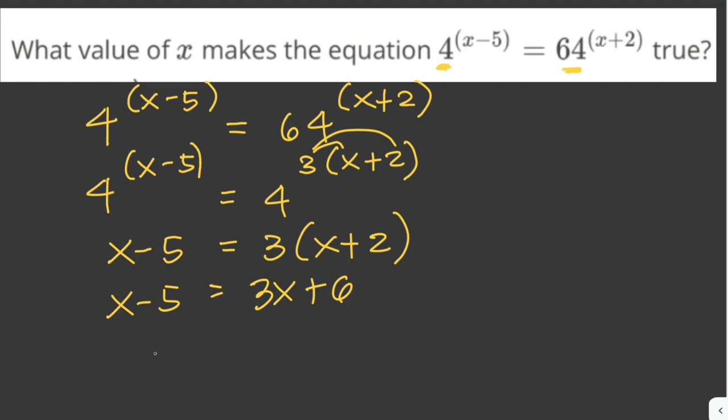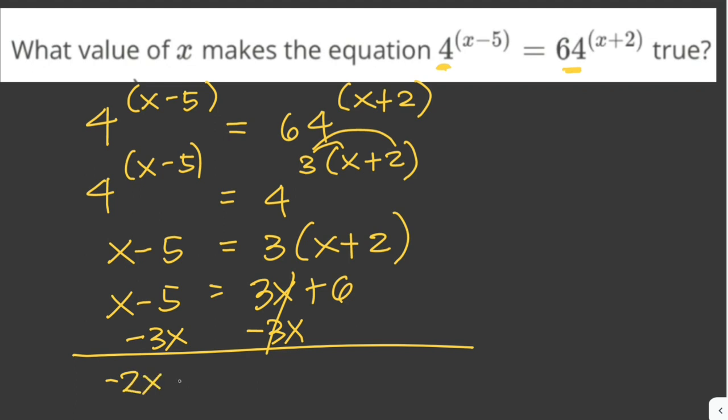Then we group like terms. Okay, we just have to subtract 3x from both sides. And then we have x minus 3x is negative 2x minus 5 equals 6. Then we add 5 to both sides.